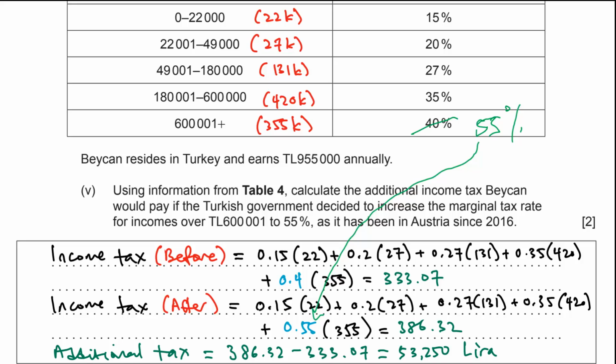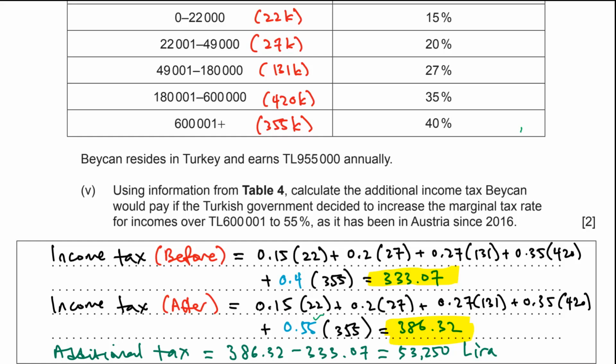Now, if we were to redo that calculation, we would end up with a final tax of 386.32 thousand Turkish lira. So the extra tax that he has to pay would be that figure, 386 minus 333.